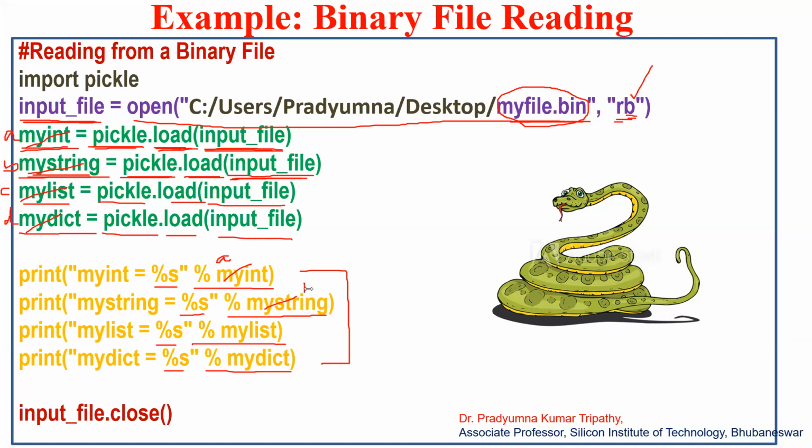Then how will we know whether it will return a string or integer or list? Therefore, I'm saying the order in which you have stored into the file, in the same order you have to get it. If you have stored integer first, it will read integer. The second one, if you have stored string, it will read string. The order in which you have written into the file, the same order you have to read it.